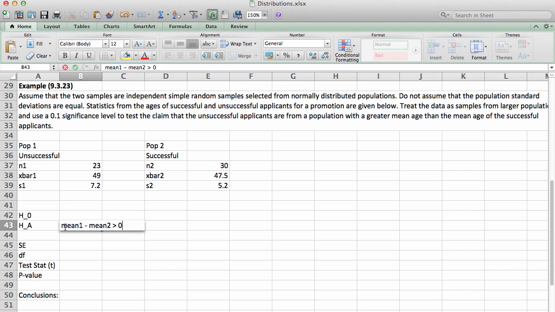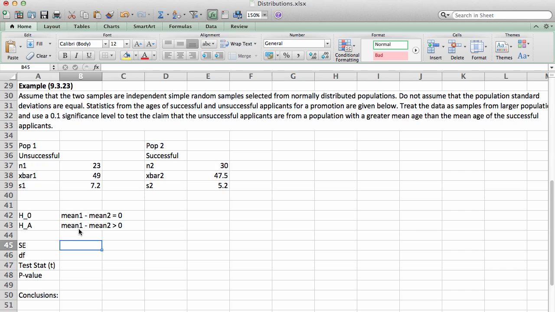The difference, 1 minus 2, being positive just means that the first population has a higher mean age than the second population. That's precisely what the claim asked us in the question. So if that's my alternate hypothesis, my null hypothesis is going to be the boundary, which means mean 1 minus mean 2 is equal to 0.